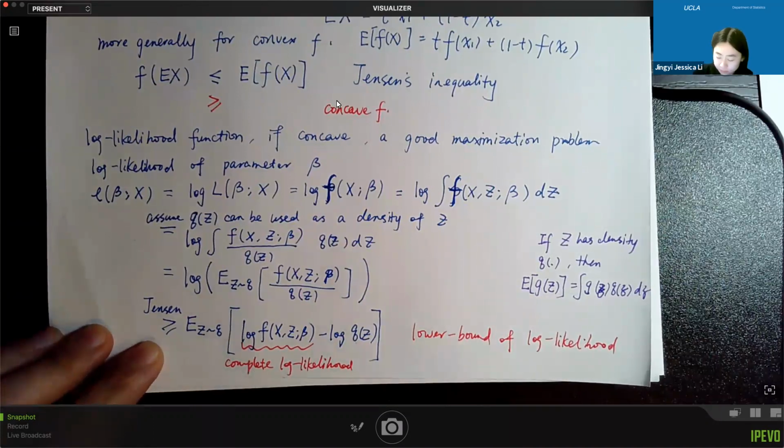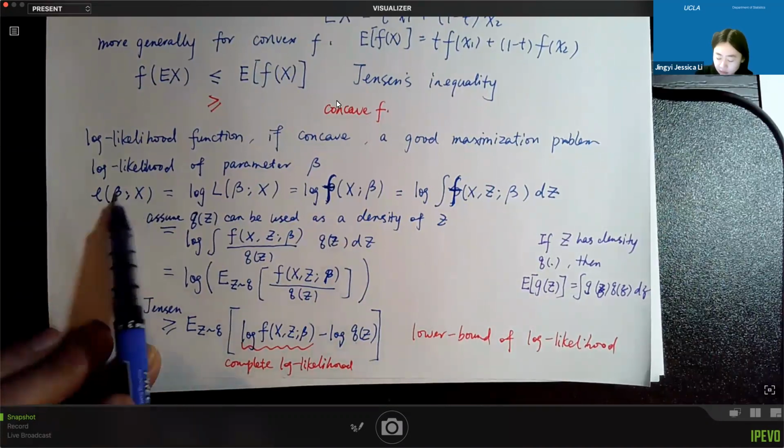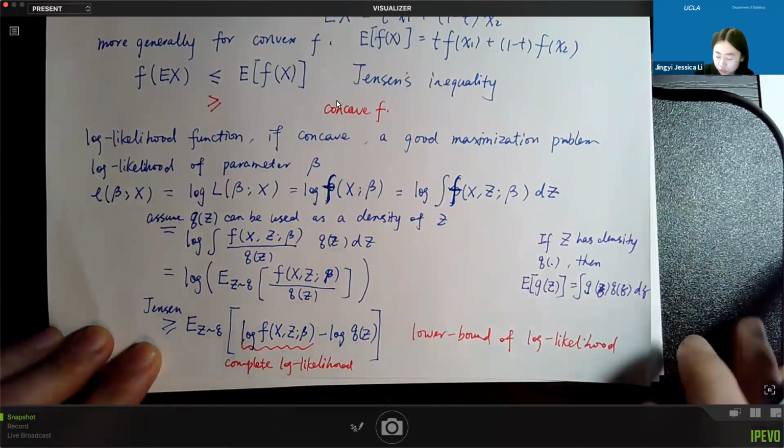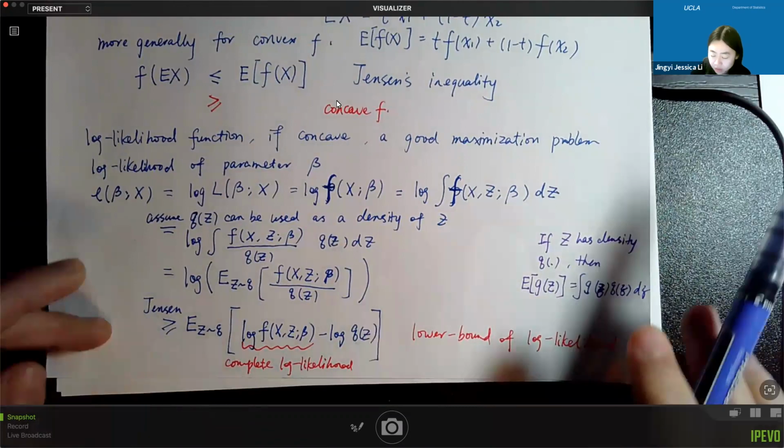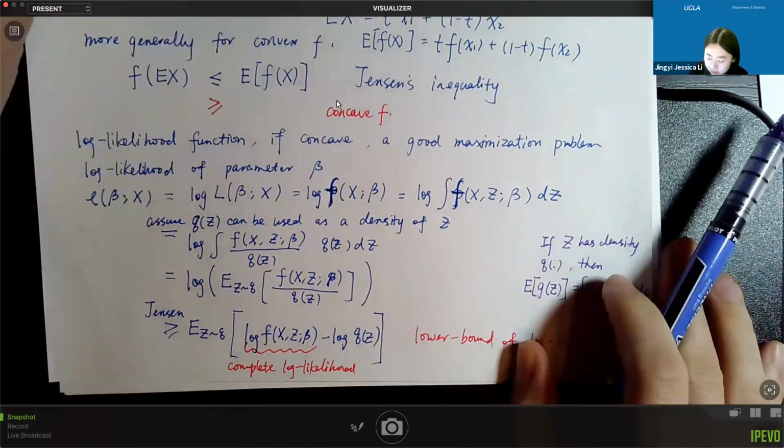So we found a lower bound of the log likelihood here. And the second part for optimizing the log likelihood is to maximize the lower bound. And we're going to use this property here.